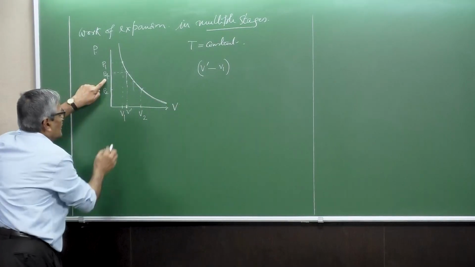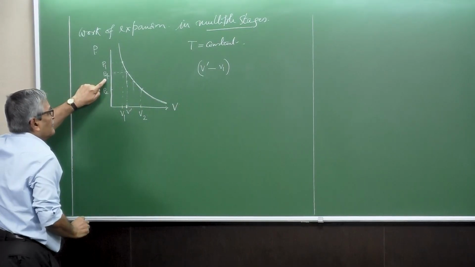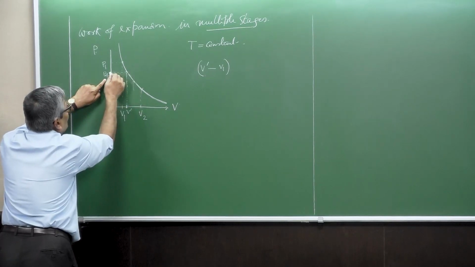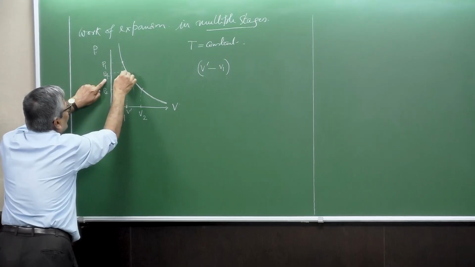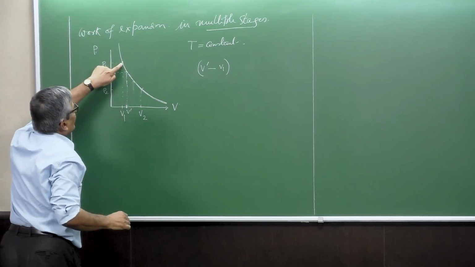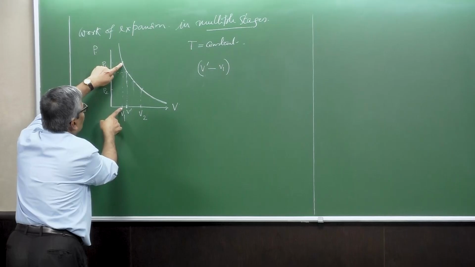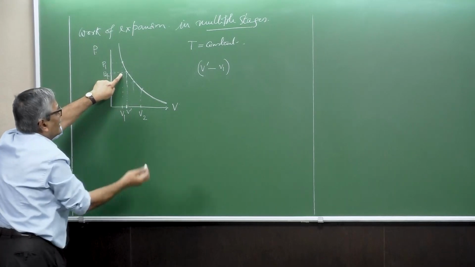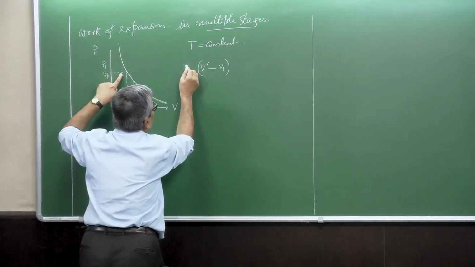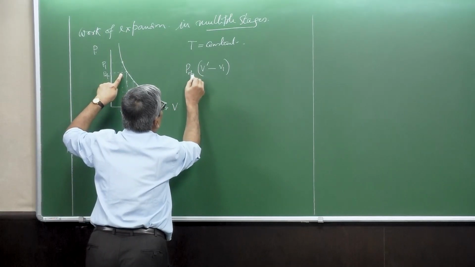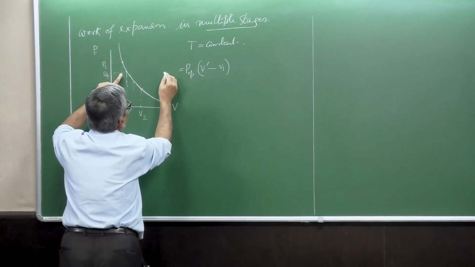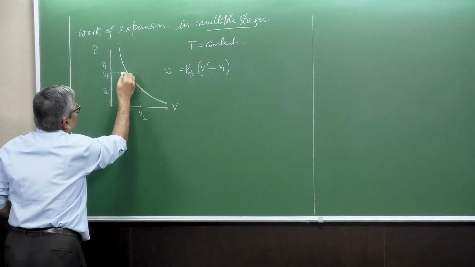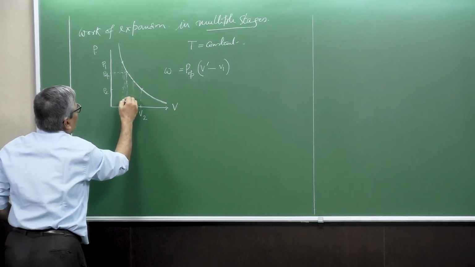This is a small change in volume, V prime minus V1, against a pressure that I have chosen to be P opposing, which is less than P1, the equilibrium pressure corresponding to this volume V1. So I allow the gas to expand against this pressure P opposing, and this is my small work W for this case, the shaded area that you can see.